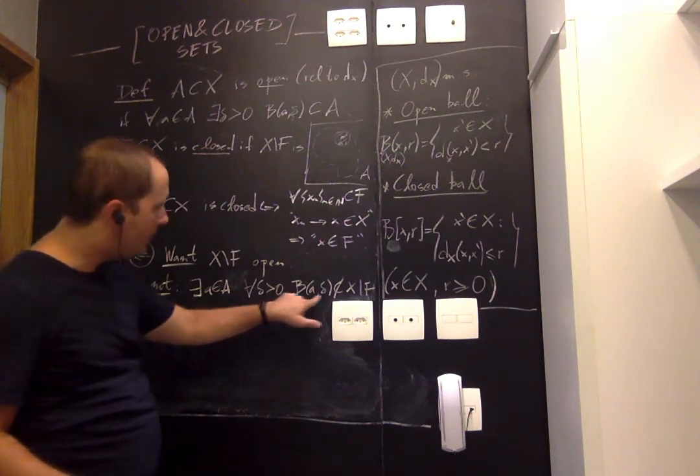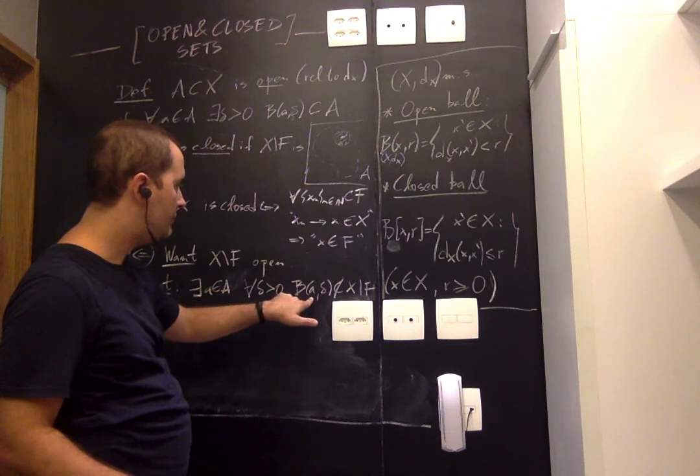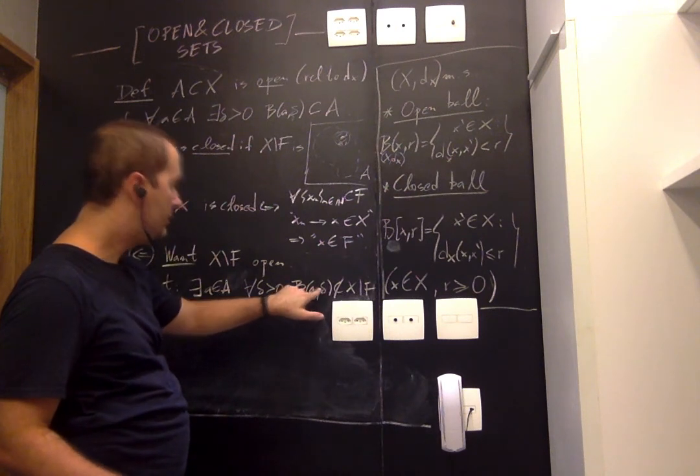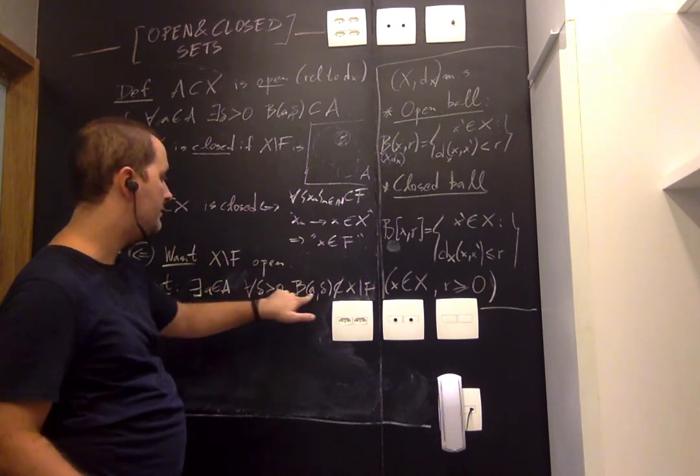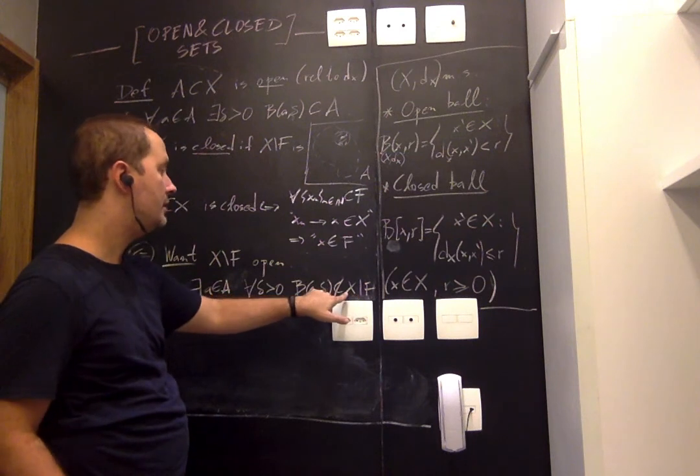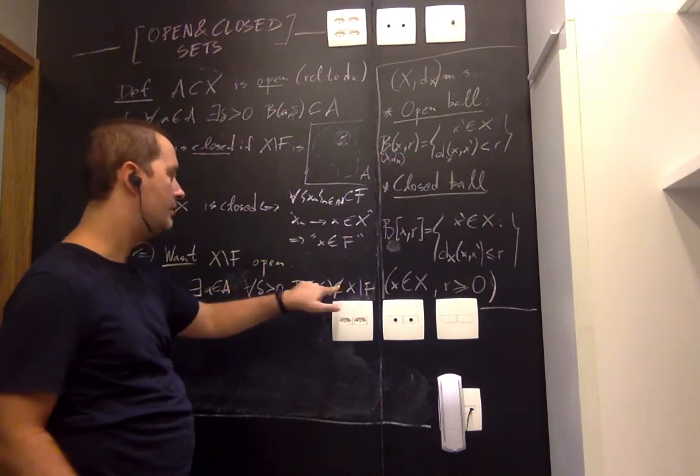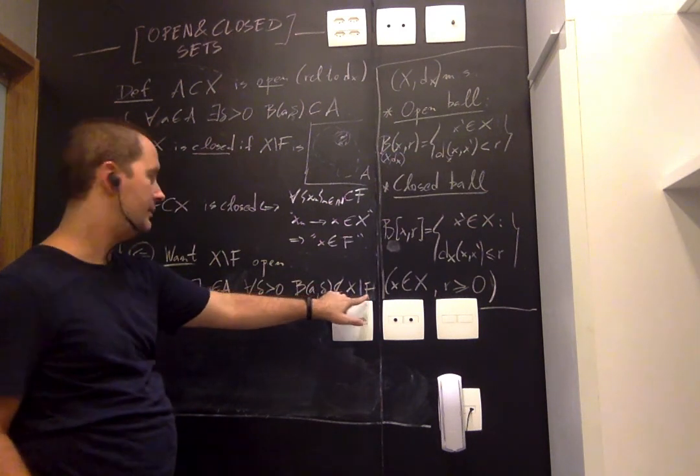What does it mean that the ball is not contained in the complement of f? It means that any ball with positive radius around A has to contain a point that does not belong to the complement, therefore belongs to f, right?